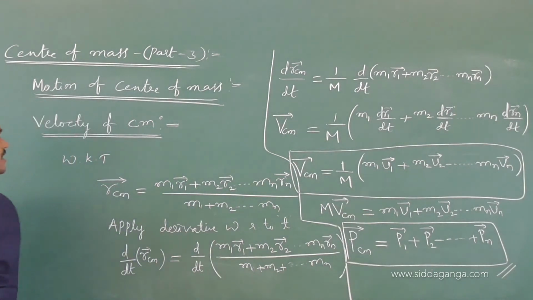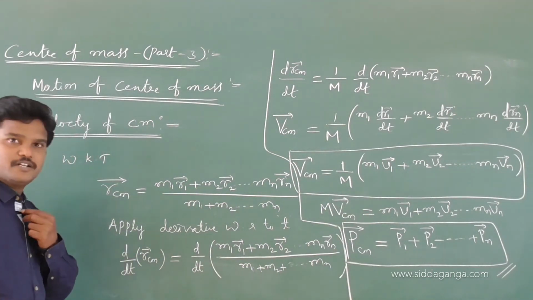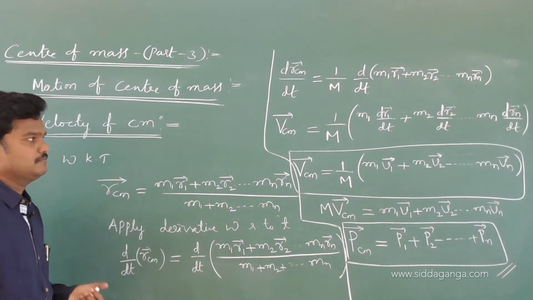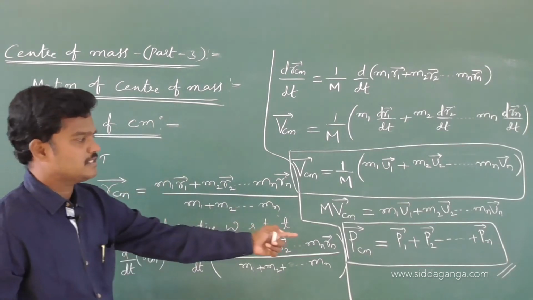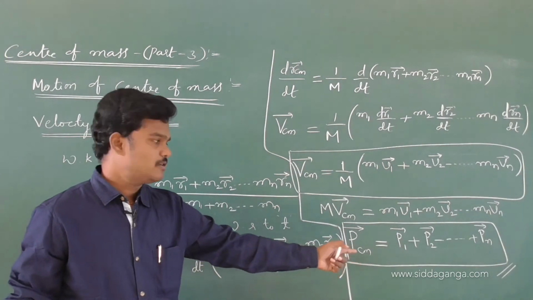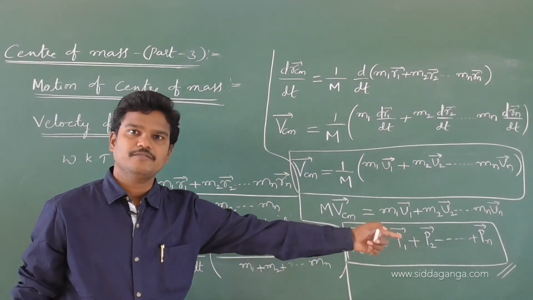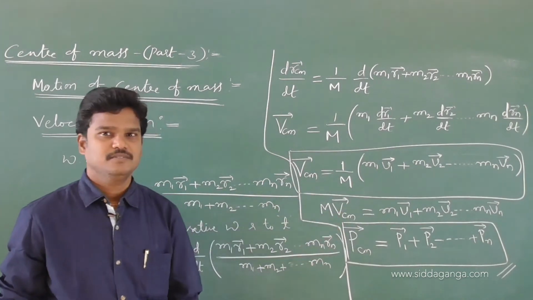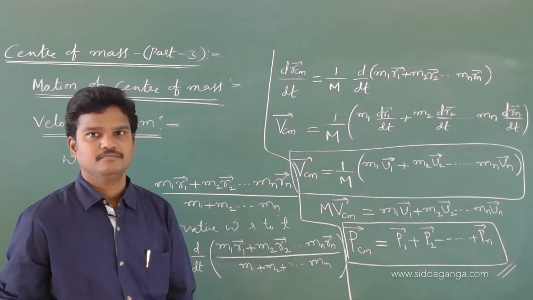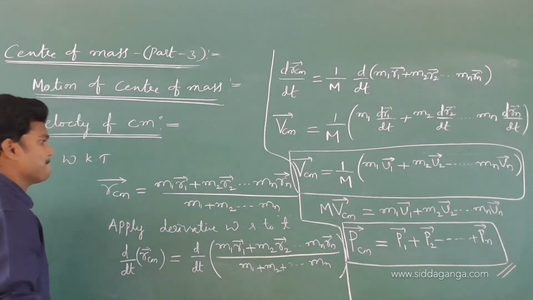Now let me calculate the acceleration of the center of mass. So I calculated the velocity of the center of mass, and from this I got the total momentum of the center of mass is equal to the sum of the individual momentum of particles.